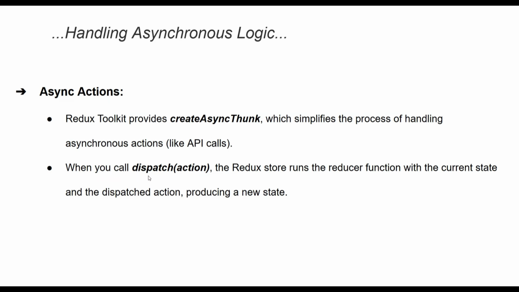When we dispatch an action, the Redux store runs the reducer function with the current state and the dispatched action to produce a new state. Now, for us to make API calls to our backend, there's a function we need to use called createAsyncThunk. So these are some of the core concepts we need to know to work with Redux Toolkit.